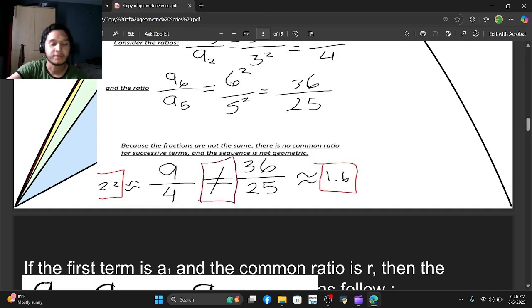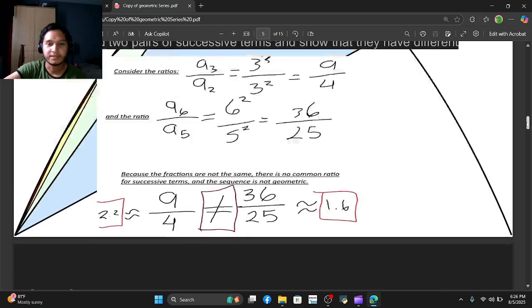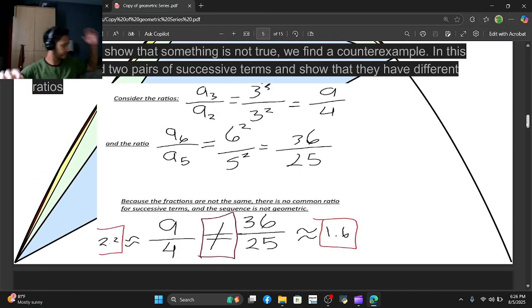I want to split this up. 6 squared, 5 squared. If we look at here, this is not the same. Now I want to explain why. We haven't done anything, because we still need to divide this like I did here.